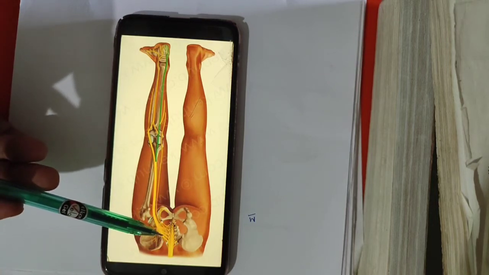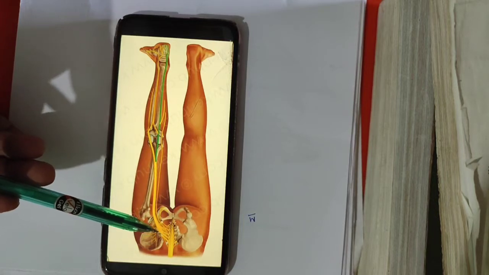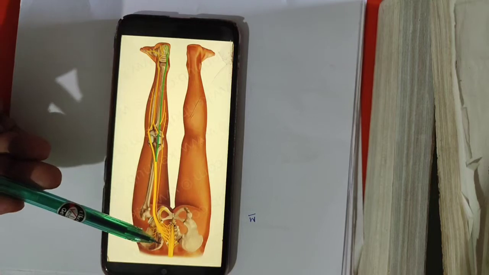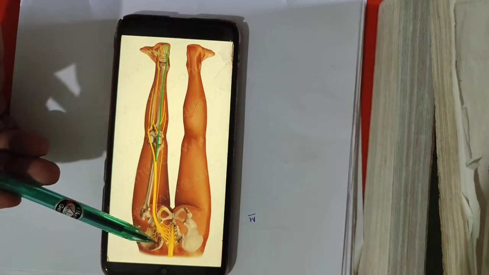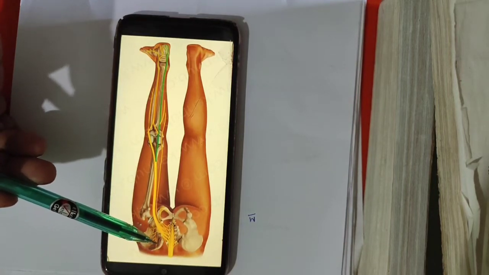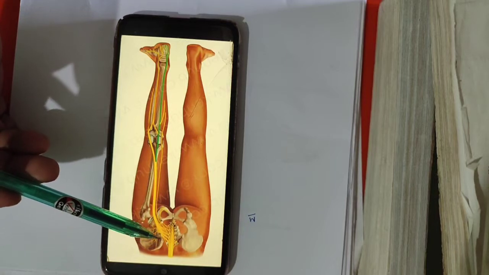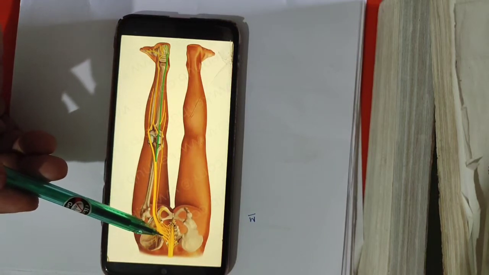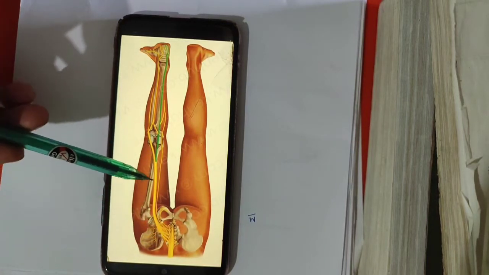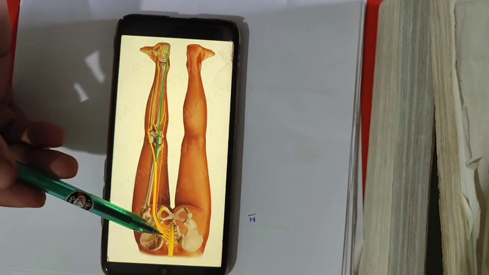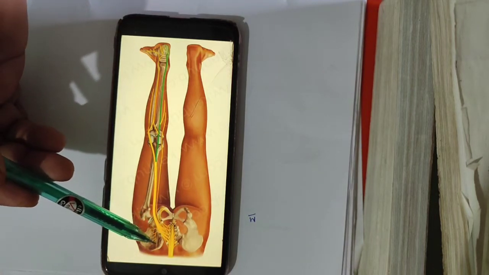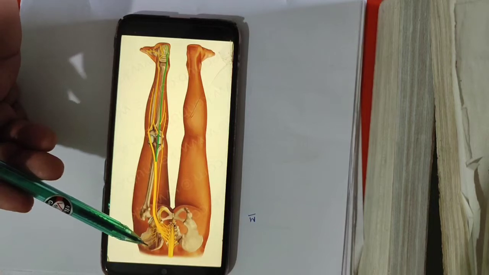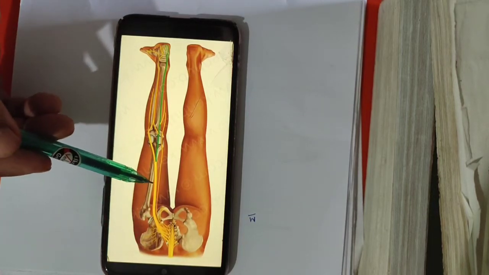From here the sciatic nerve first arises, from the anterior division of L4 to S3, which is for the tibial nerve, and another from the posterior division L4 to S2, which is for the common peroneal nerve.